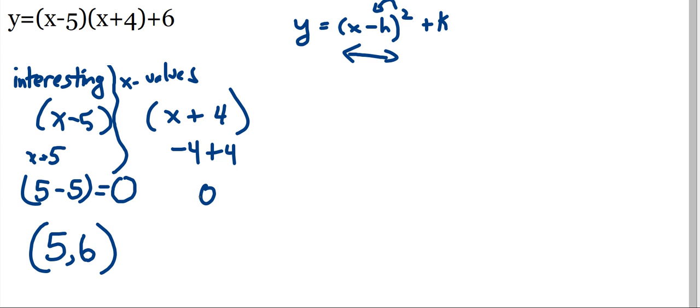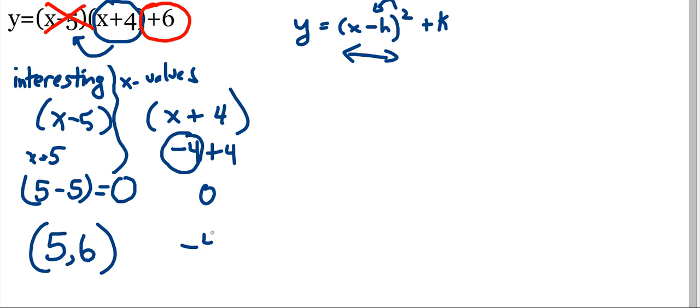So when x is negative 4, this bracket becomes 0. That will multiply this, and it will effectively zero out the x terms. And what are we left with? 6. So when we have negative 4, we get a 6.